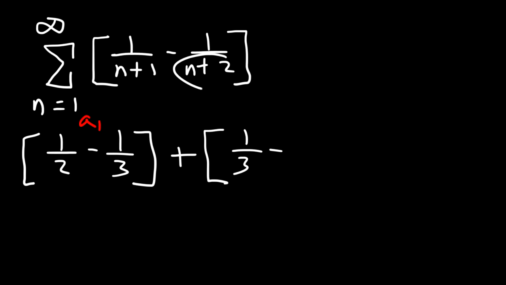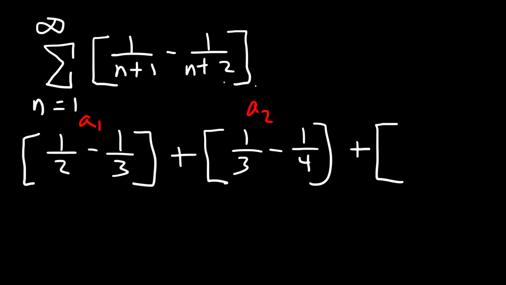And then if we plug in 2 here, 2 plus 2 is 4. So this is a sub 2, the second term. Now let's find the third term. So 3 plus 1 is 4. And 3 plus 2 is 5. So this becomes 1 over 5. And so this is a sub 3. And then this will keep on going.